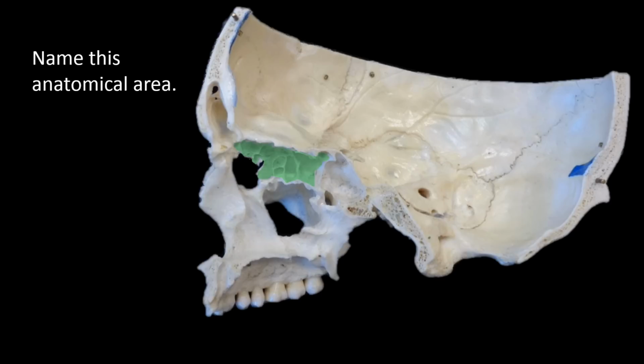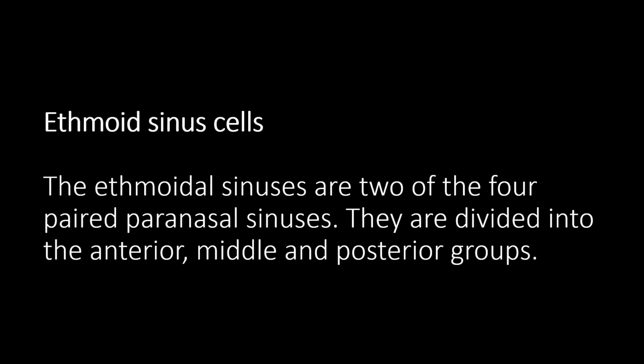Name this anatomical area. Ethmoid sinus cells. The ethmoidal sinuses are two of the four paired paranasal sinuses. They are divided into the anterior, middle and posterior groups.